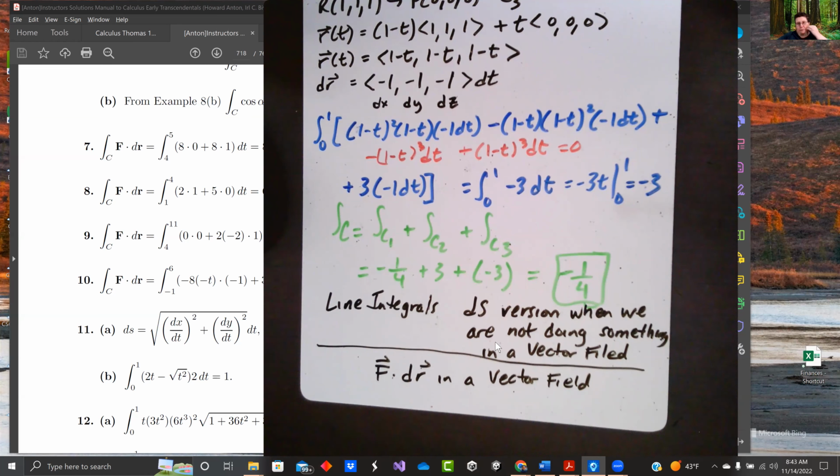Now I want to look at 15.3 a little bit. We've got conservative vector fields here. You guys ready?